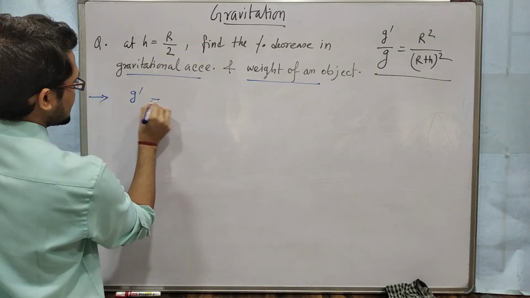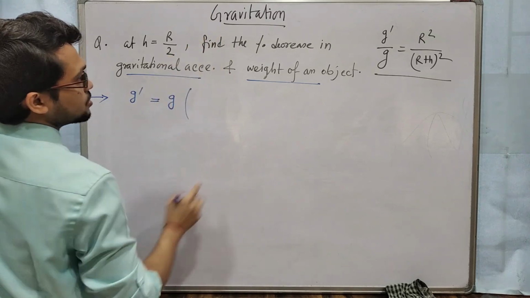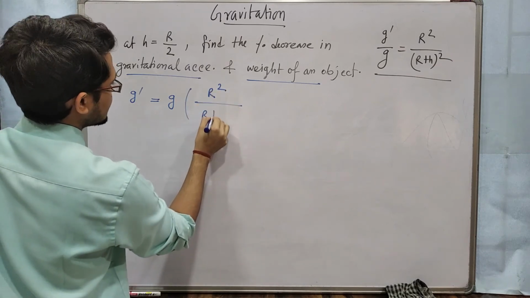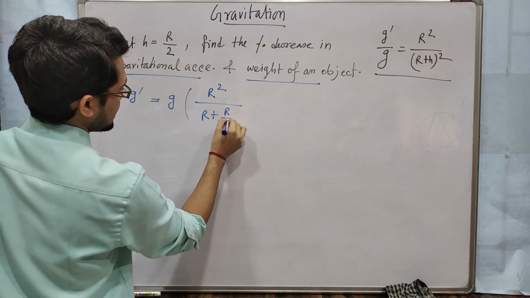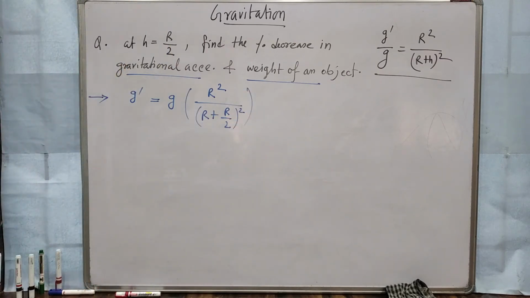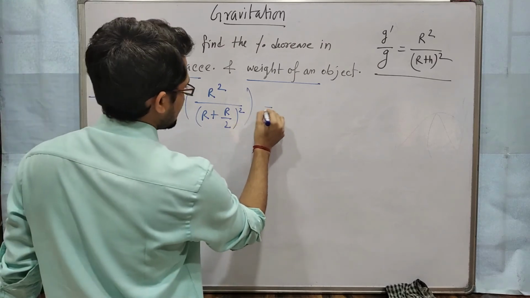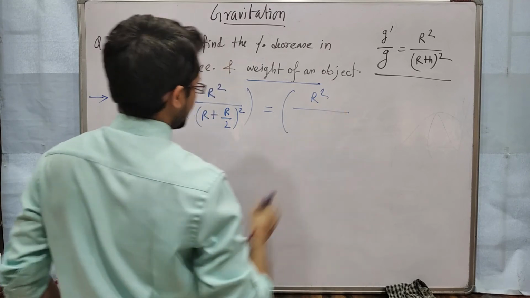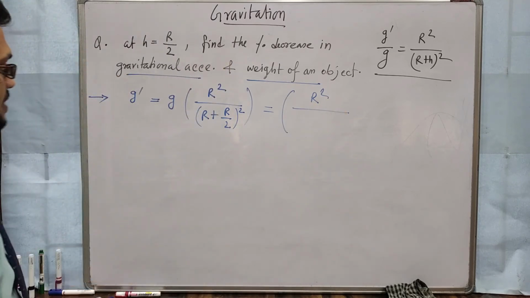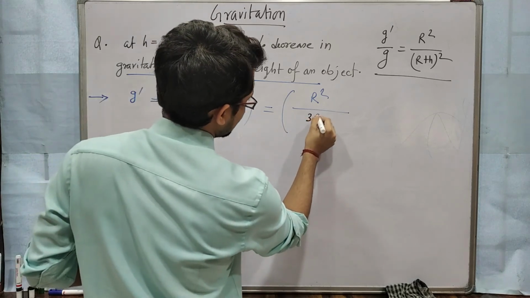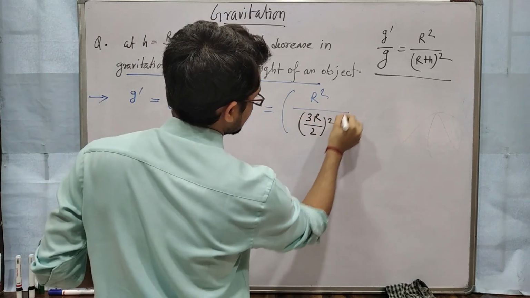g prime equal to g into R square by (R plus h) whole square. h means R by 2. Okay, clear? What we will get? We will get here R square by R plus R by 2, that means 3R by 2 whole square.